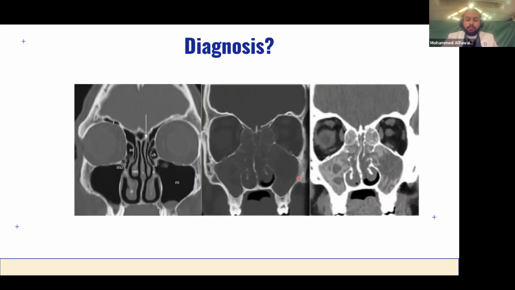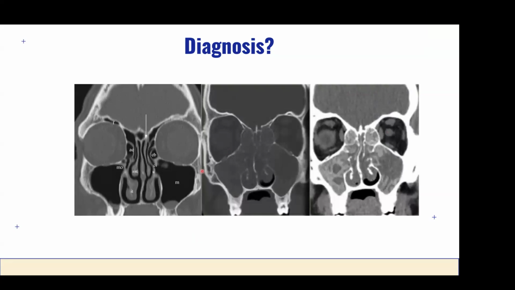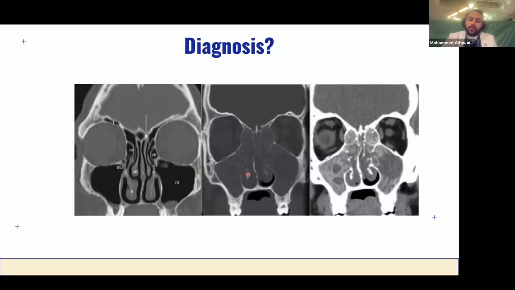Then you go over here, which is what? Cellulitis? Not cellulitis, but it's chronic sinusitis. You can see that the turbinates are a bit smaller than in acute rhinitis.